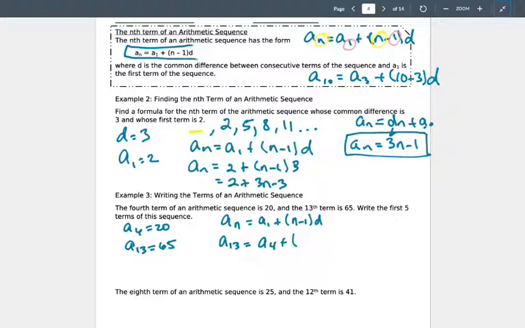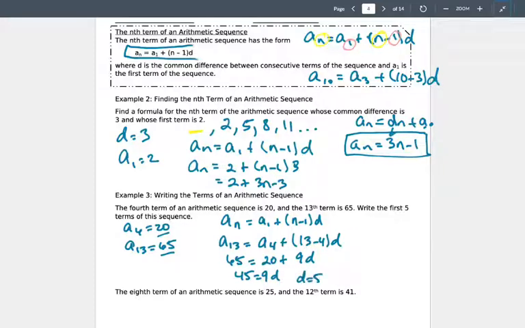And so in my parentheses, I'm going to say 13 minus 4, and then I'm going to use that to find my common difference. So my 13th term is 65. My 4th term is 20. I'm going to do 13 minus 4, which is 9, and I'm going to use that to figure out d. So subtract 20, I get 45 equals 9d.